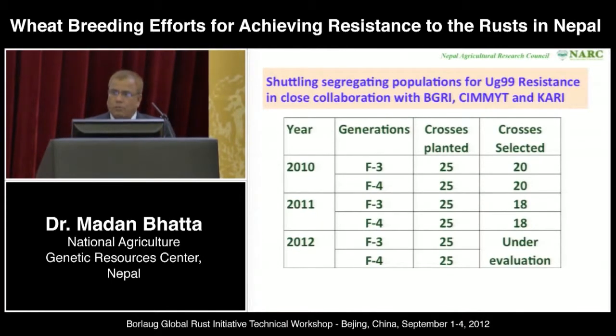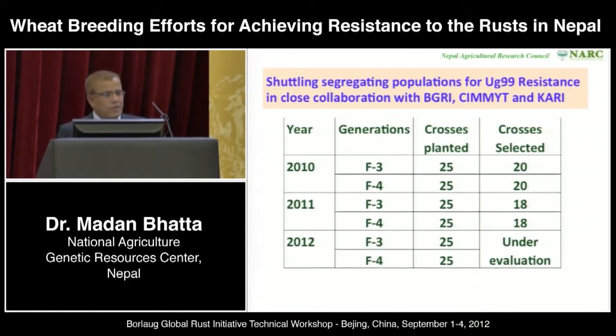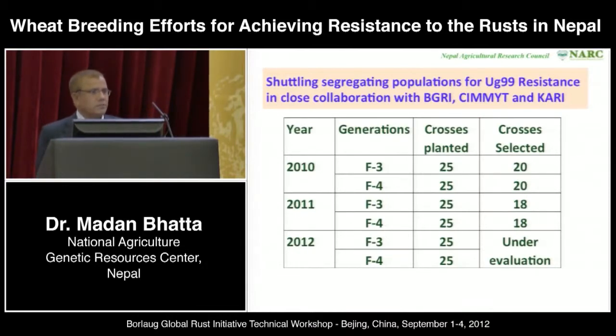Before 2008, 2009, we sent our breeding advanced lines to Kenya with the help from BGRI, CIMMYT, and KARI. And we identified Ug99 resistant varieties. We released one, and recently, just last week, we released two more stripe rust resistant and Ug99 resistant varieties, and many are in the pipeline.